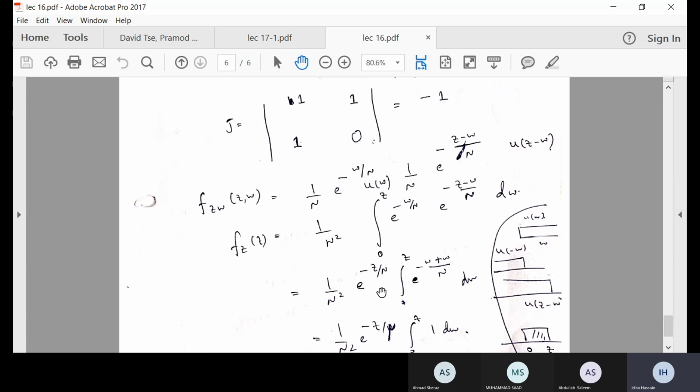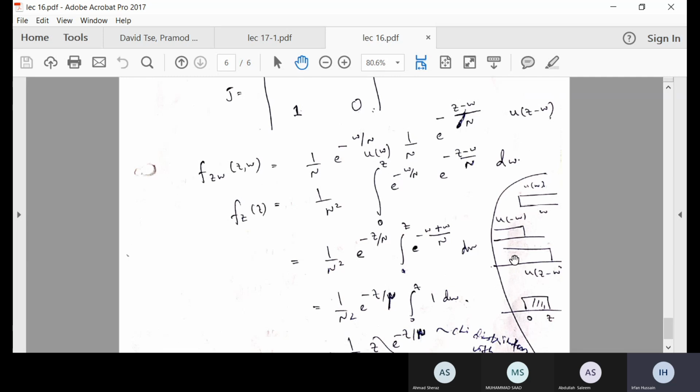But the question is, what should be the values of w? That is important, and here the students will make mistakes. u of w was just a unit step function, so u of minus w is like this, and u of z minus w will be u of minus w delayed by z, so it will be somewhere here.